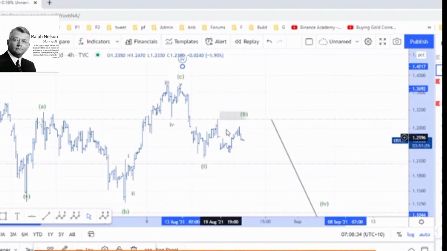This here looks corrective, so that wave 2 could go over there. This could be wave 1 and 2 here, but it does look impulsive, so I'll give it a bit of time, but we're kind of looking for it to pull back here further for that. So that's our plan there.